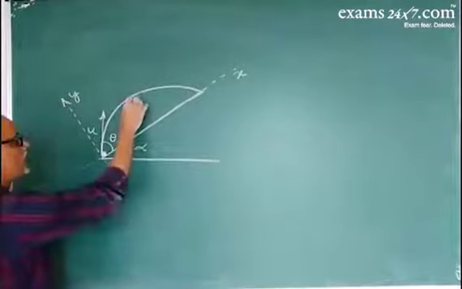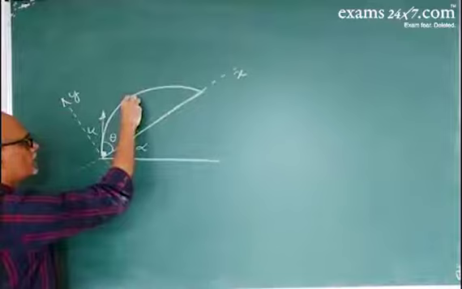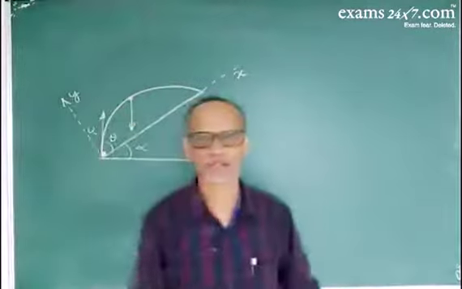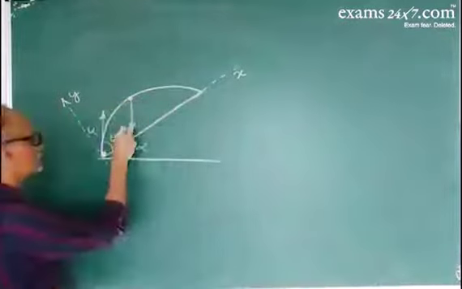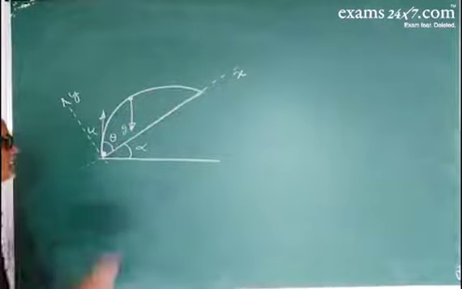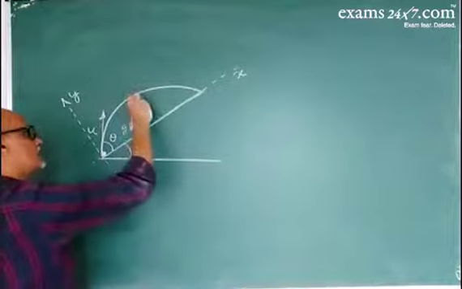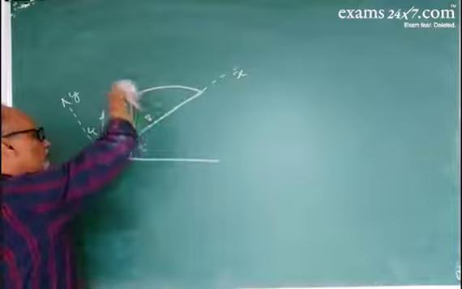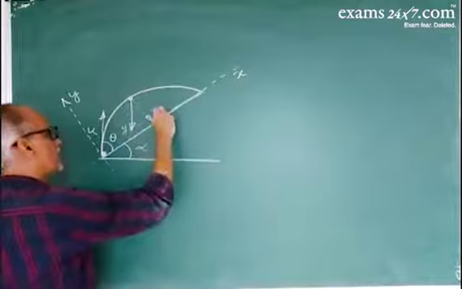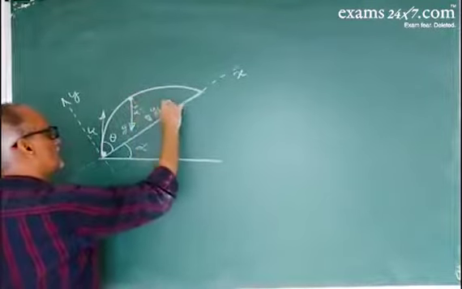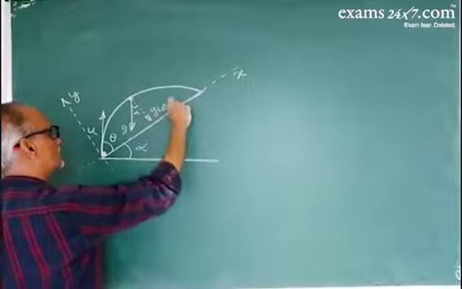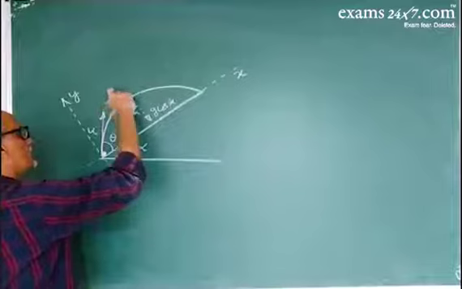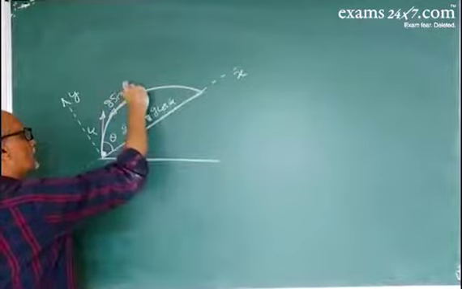If I consider a point here, the acceleration due to gravity will always be vertically downward, which is g. With respect to this alpha, if I resolve it, perpendicular or normal to the inclined plane it will be g cos alpha, and down the inclined plane it will be g sin alpha.